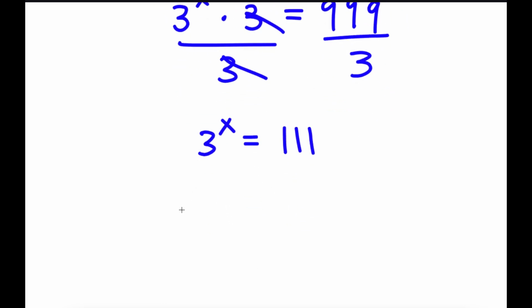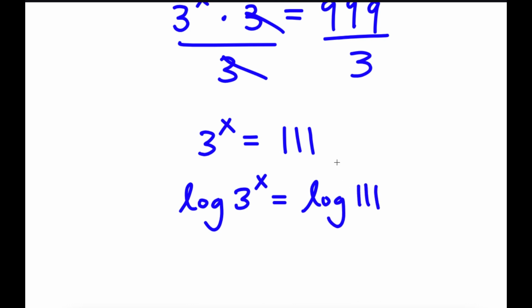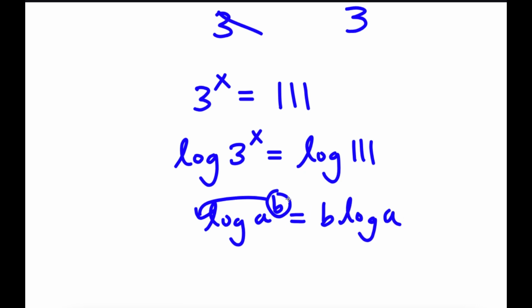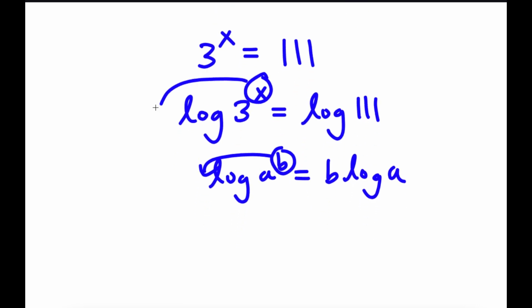Now if I take the log on both sides, I have log 3 to the power of x is equal to log 111. And if I have something in the form log a to the power of b, I can move this exponent b to the front. So this is equal to b times log a. So for log 3 to the power of x, I can move x to the front.